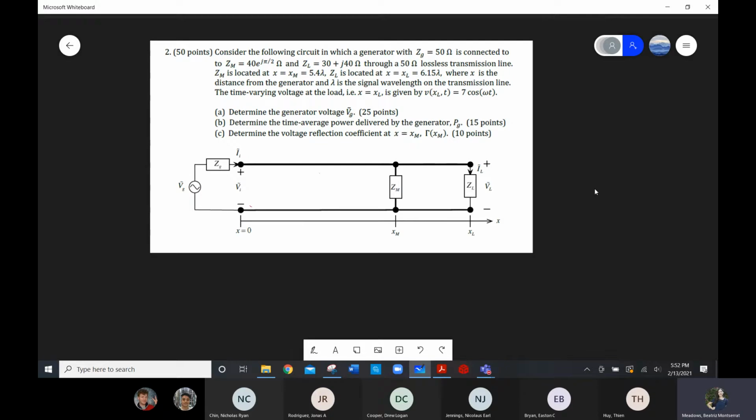Okay, so basically what this problem actually represents is two transmission lines in one problem.